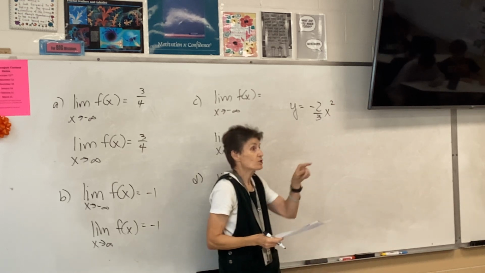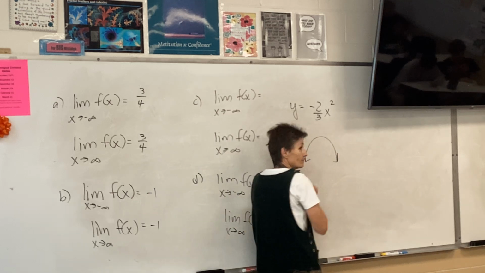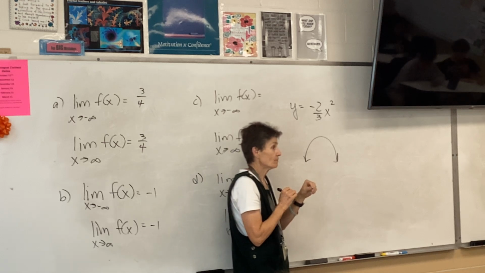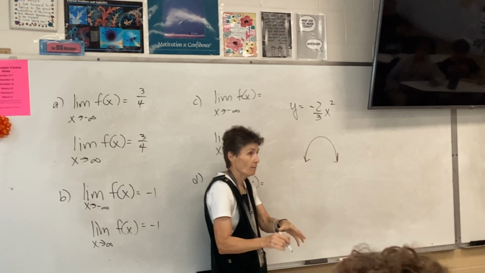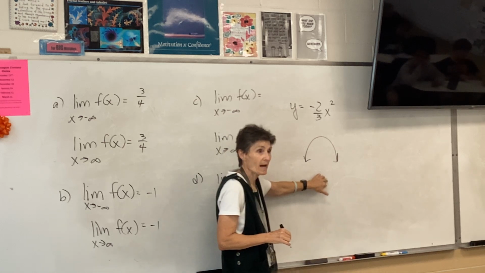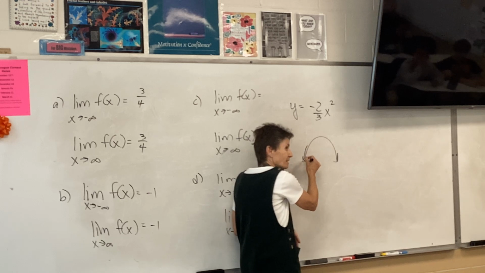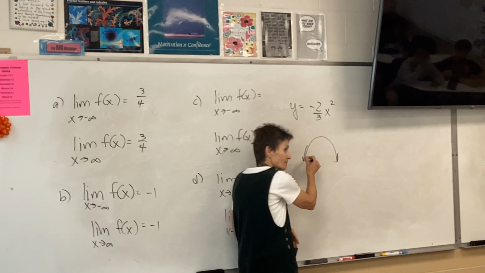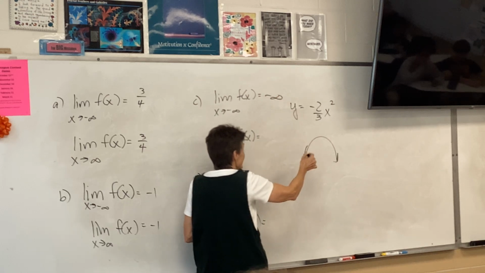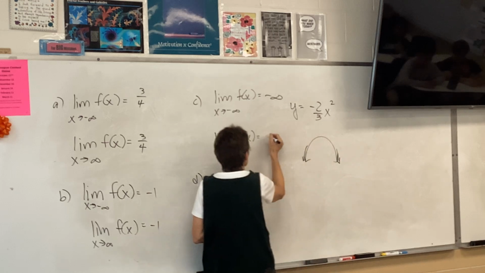Now, what shape is that? Yep, that is this, right? As the curve, if I were graphing this problem, it will approach its end behavior asymptote. So as I go to the left, what's it doing? Negative infinity. And as I go to the right, what's it doing? Negative infinity.